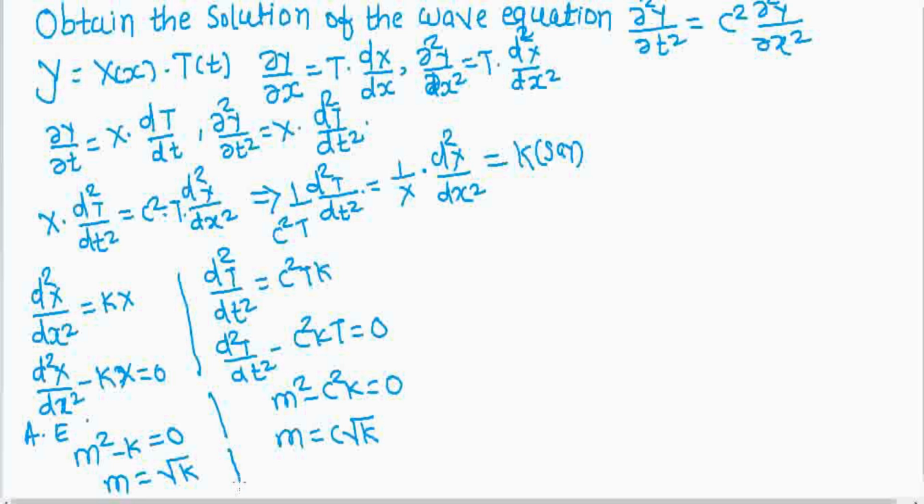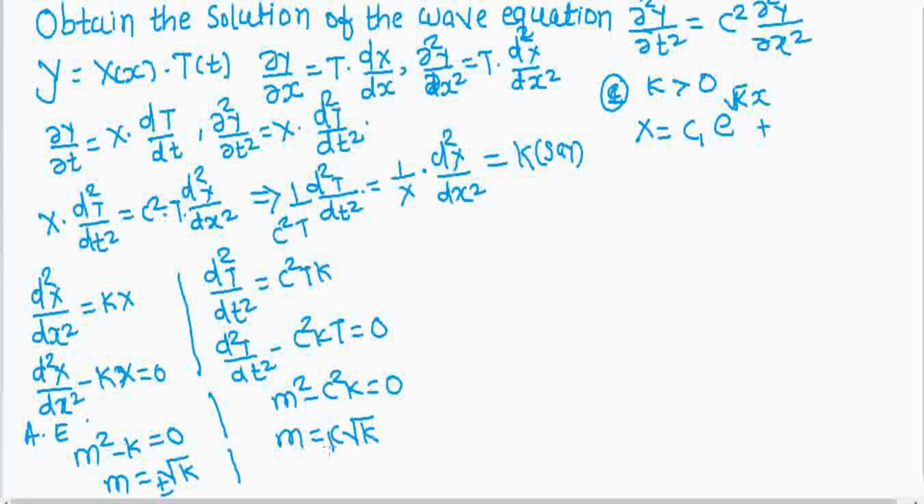Now what happens if k is a positive term? So there are three possibilities. First possibility is k is positive, then we have real roots, and therefore we have capital X equal to c1 into e raised to under root of k into x plus, here plus and minus, these are the two roots, plus or minus.